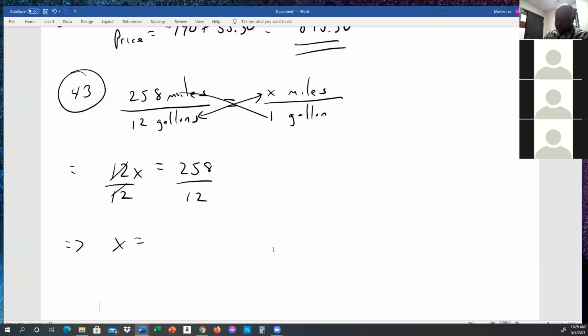I need 258 divided by 12. 21.5 is what X is, and since X represents miles, it's 21.5 miles for 1 gallon.